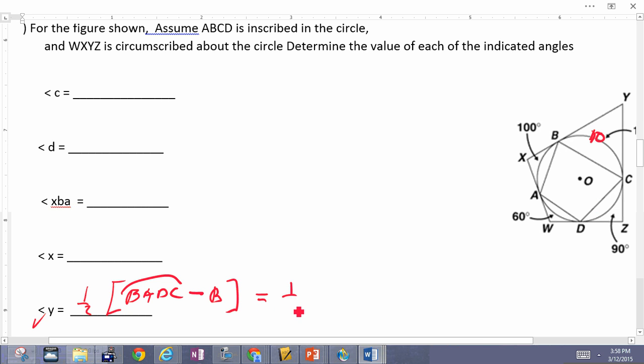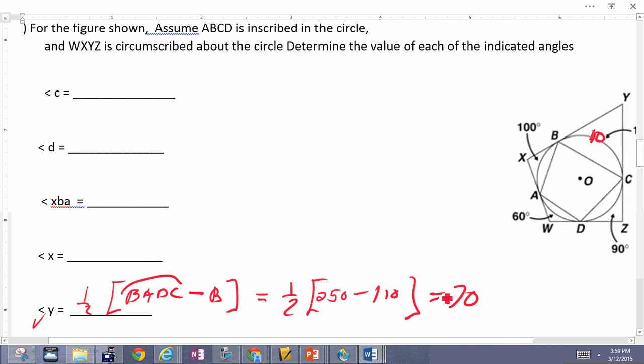So that's 1/2 of arc BADC, which is 100 plus 60 plus 90, so that's 250. So 1/2 of 250 minus the closest arc of 110, so that's 1/2 of 140, which makes angle Y equal 70, okay?